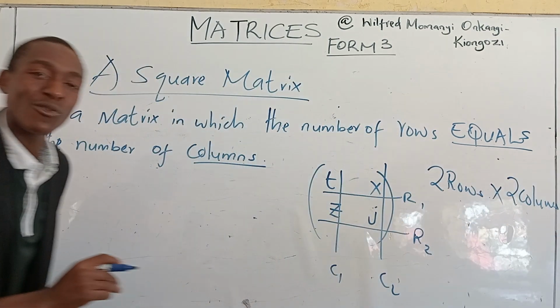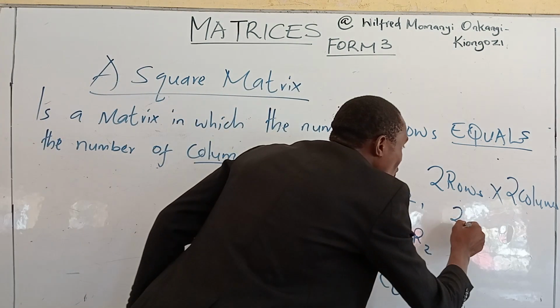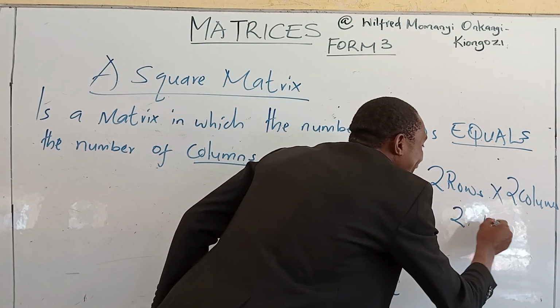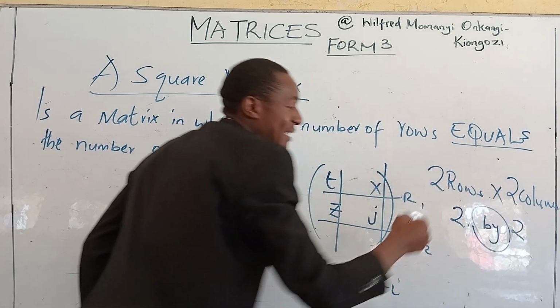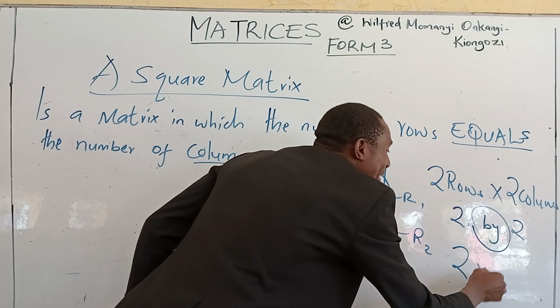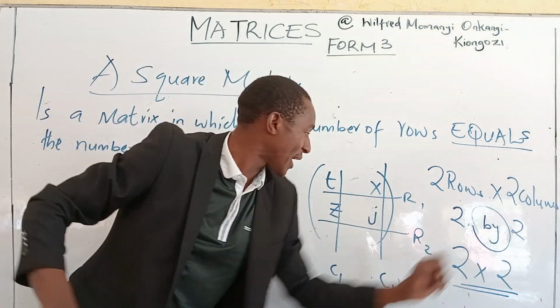So in terms of order, we shall call it a 2 by 2. Mathematically, we don't have "by"; this is grammar. We say 2 by 2, 2 times 2: 2 rows, 2 columns.